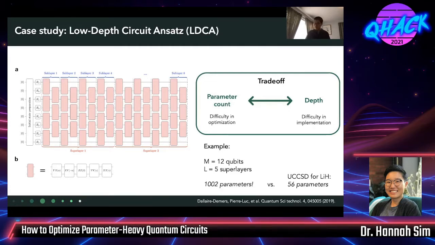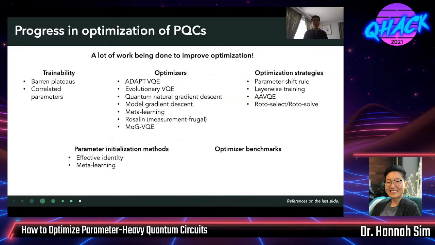And so before going deeper into how to optimize circuits like LDCA, I wanted to talk a bit about the progress that the quantum computing community has made in terms of the optimization of PQCs, where I'd argue that a lot of work has been done to improve this step, ranging from analyzing the trainability of quantum circuits, to developing optimizers that are tailored for variational algorithms, higher level strategies, parameter initialization methods to avoid the barren plateau problem, as well as running comprehensive benchmarks.